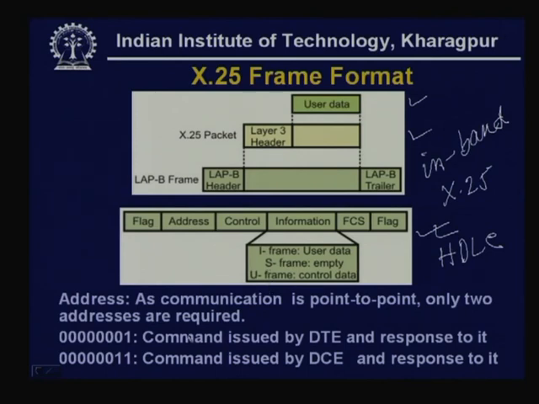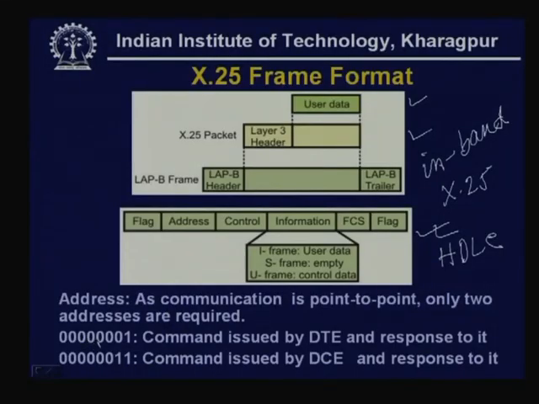And one point you should notice, here it is essentially a point-to-point communication. So, you do not really require many addresses, only two addresses are used, as you can see here, 00000001. This is used by the command issued by the DTE and the response to it. That means, whenever some command goes from the DTE and some response to it is given, this address 00000001 is used.